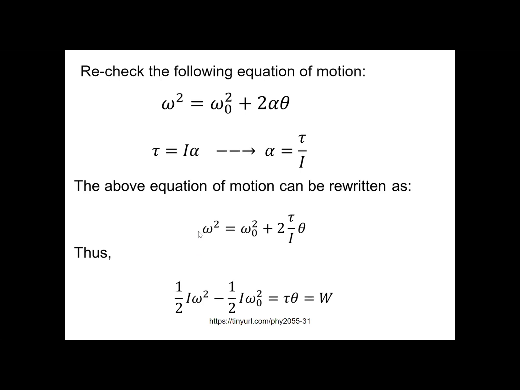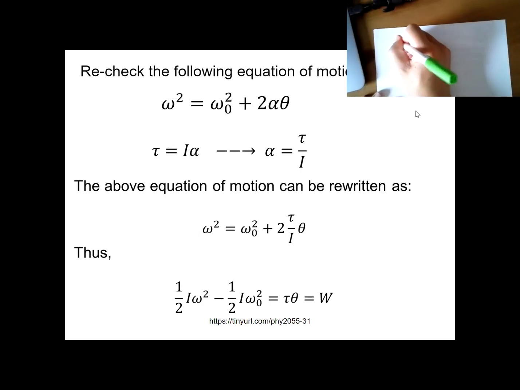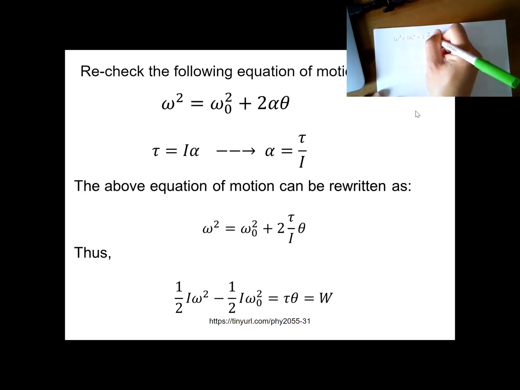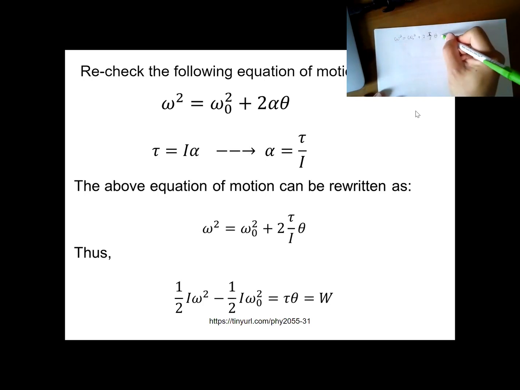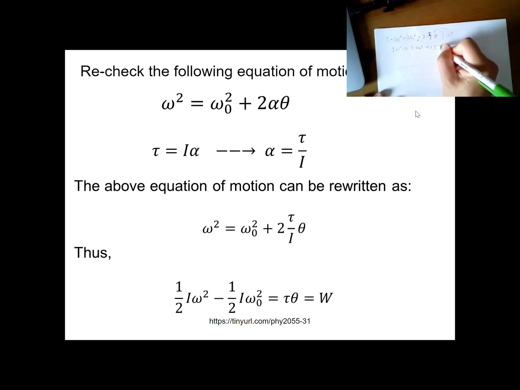So then you end up with 1/2. Let me show you the couple of algebra steps missing here. From omega squared equals omega 0 squared plus 2 tau over I times theta, you multiply each term by I to get rid of the I here. So then it's I omega squared equals I omega 0 squared plus 2 tau times theta.